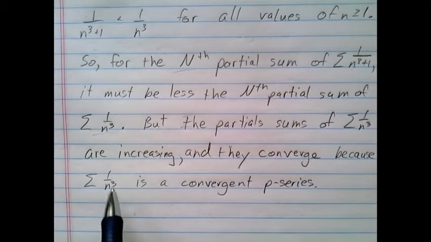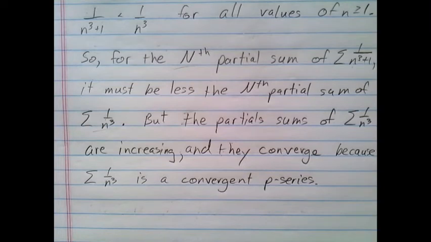If the series converges, then its partial sums have to converge. That's what it means for a series to converge. And we know the series converges because of a p-series argument. So the partial sums are increasing, but they converge. Now, I don't know exactly what they converge to, but they converge to some number.